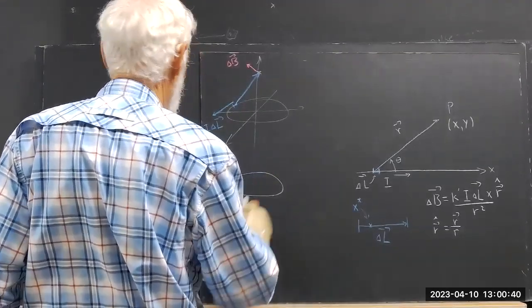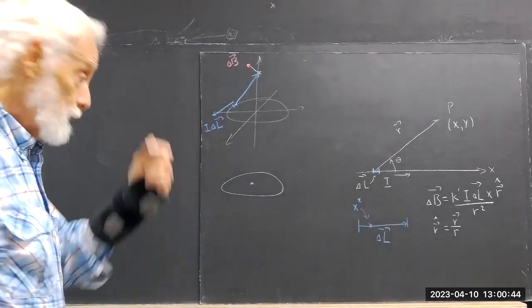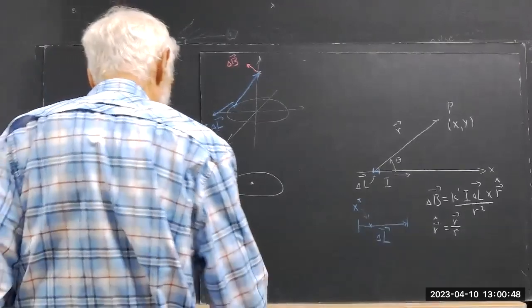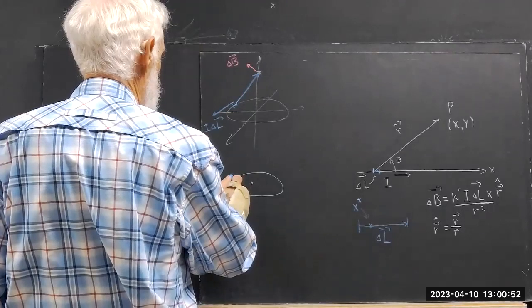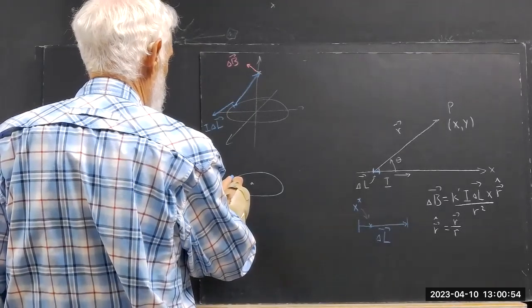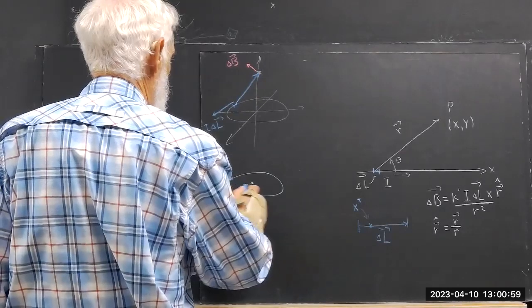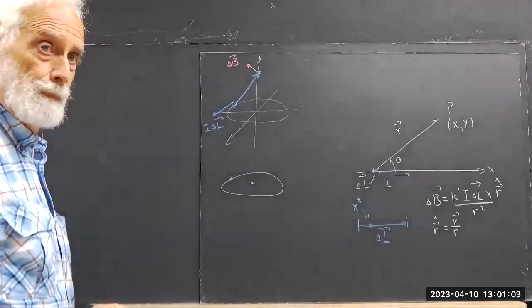Here we have a circle. So now we want to get the contribution of an arbitrary segment of the current to the field at the center.